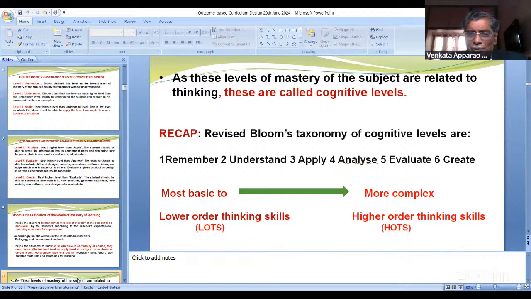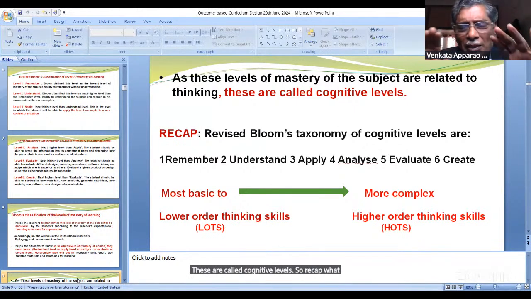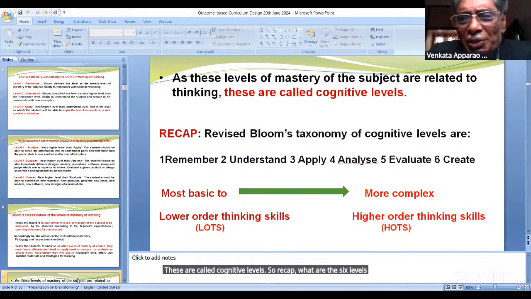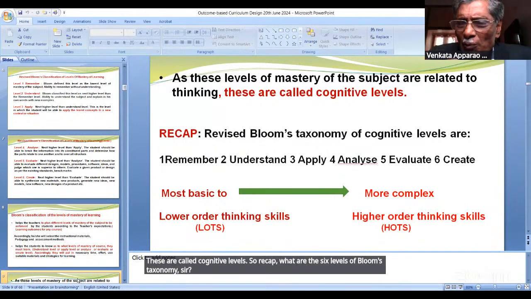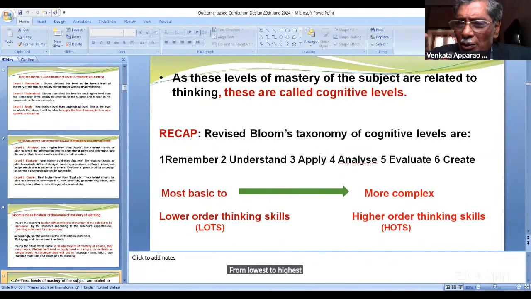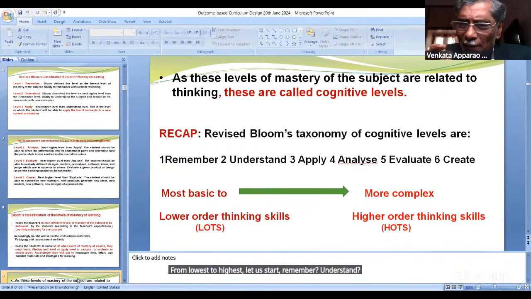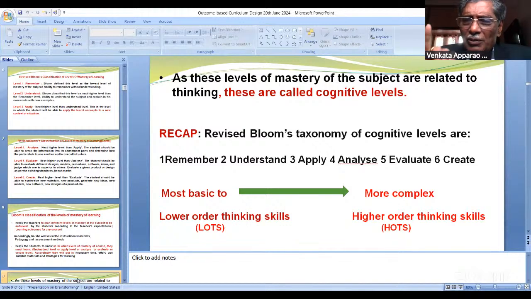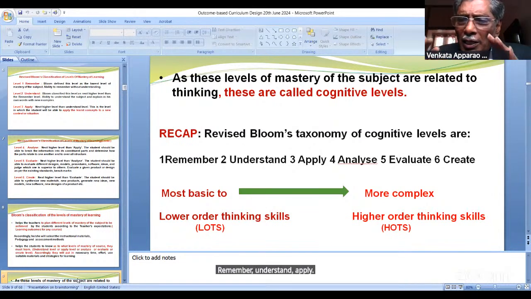So recap, what are the 6 levels of Bloom's taxonomy, from lowest to highest? Remember, understand, apply, analyze, evaluate, and create. Remember, understand, apply are considered to be most basic.